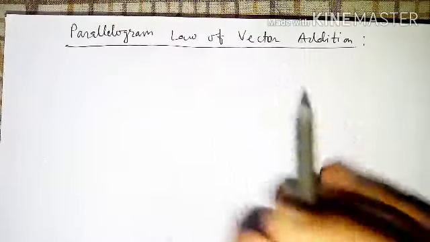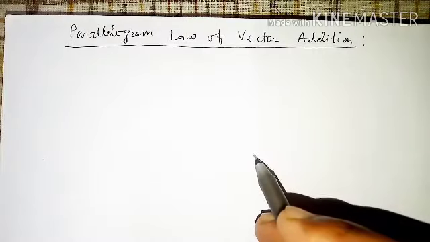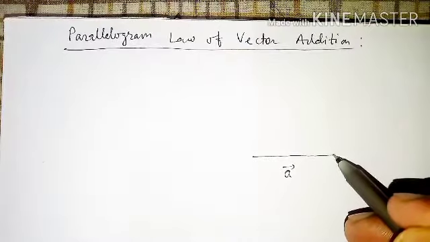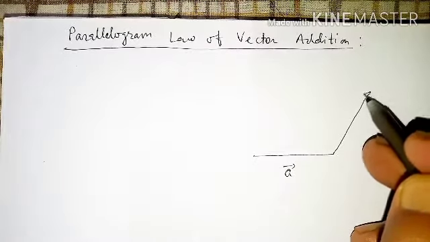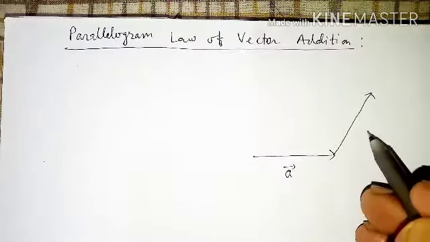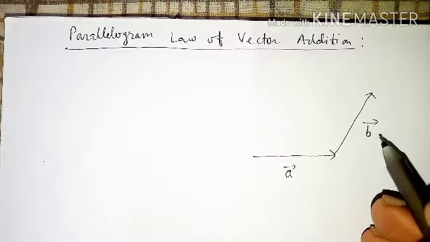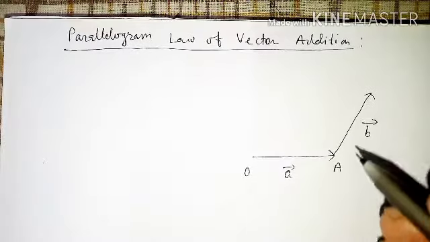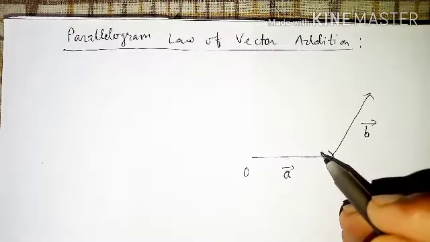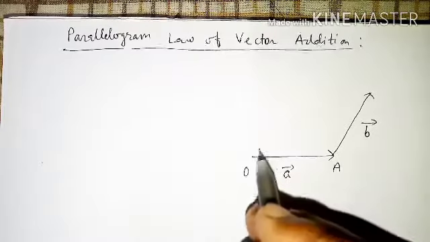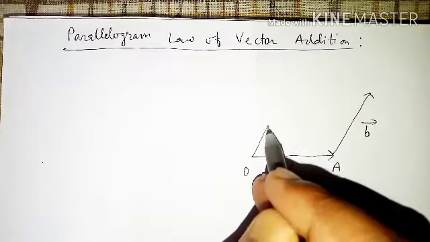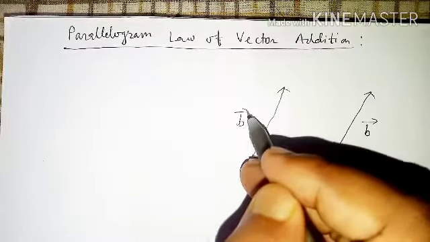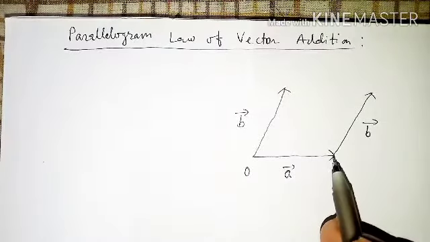Now parallelogram law of vector addition. If we take vector a and vector b, this can be also taken as vector b parallel to this one in magnitude.